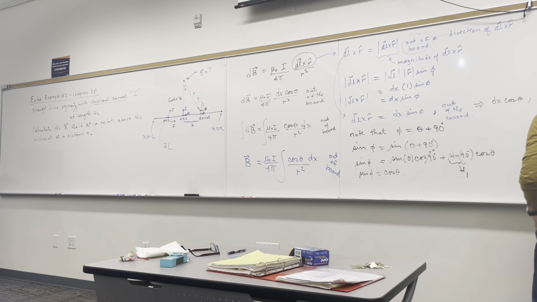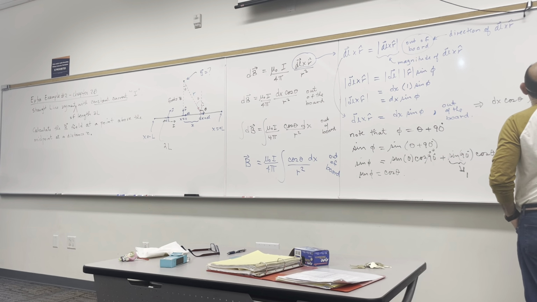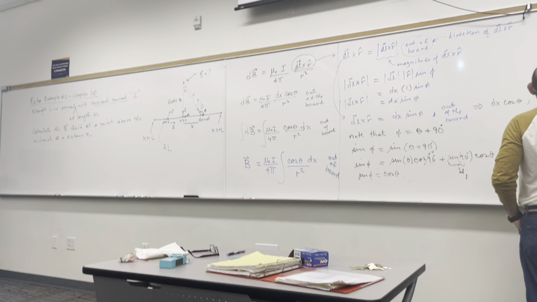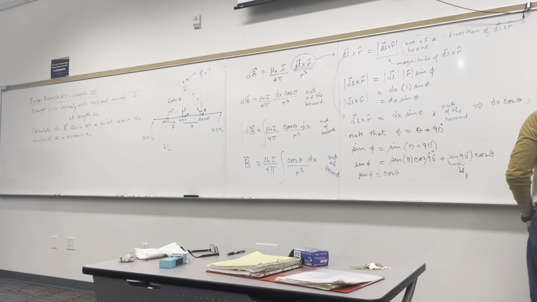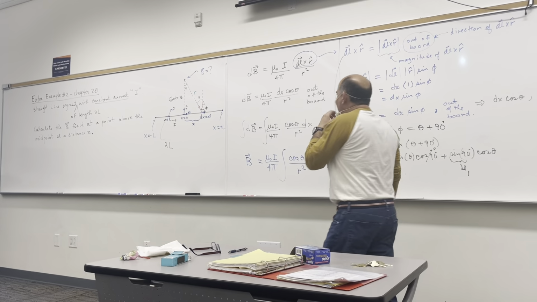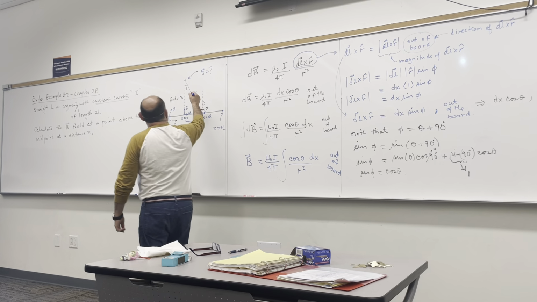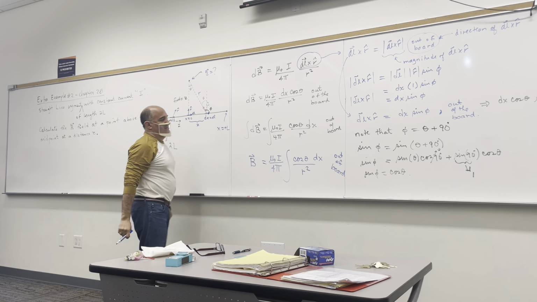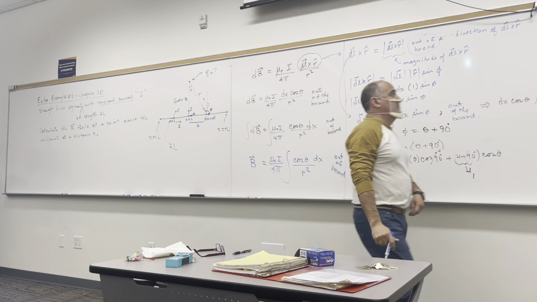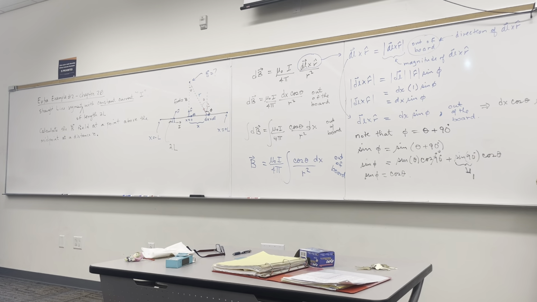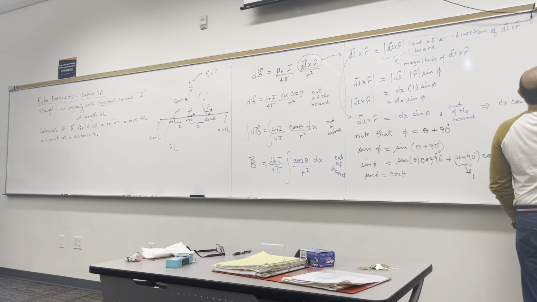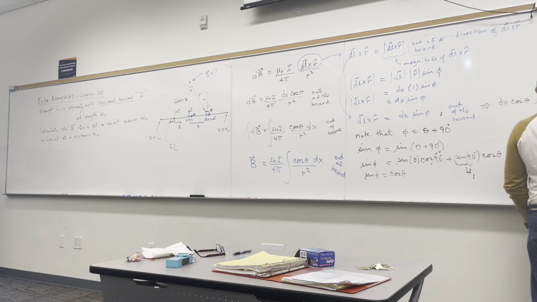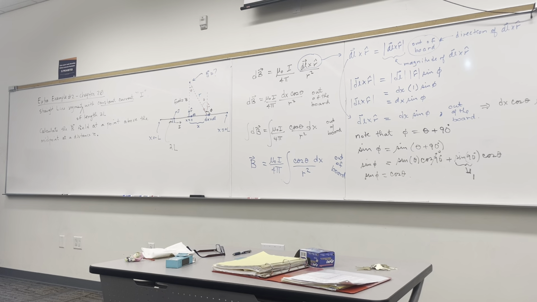Remember, z is fixed, think of that as a constant. And r is the square root of x squared plus z squared. Actually, I have an r squared over there, right? r squared is x squared plus z squared, where z is a constant, right? So we know these two things, right?